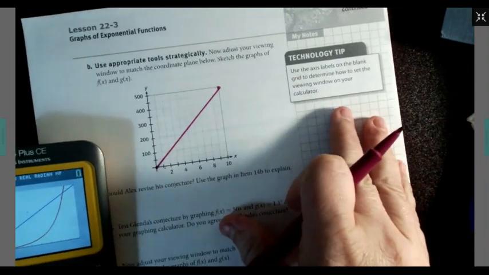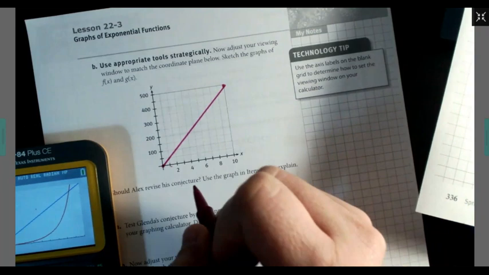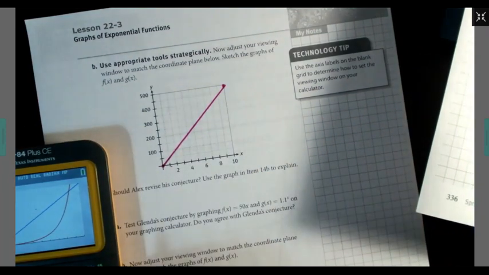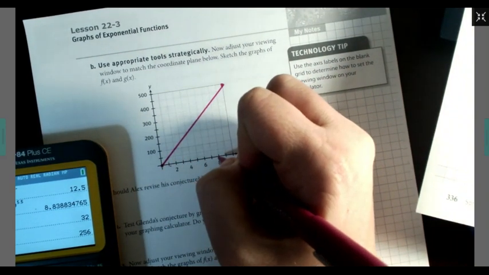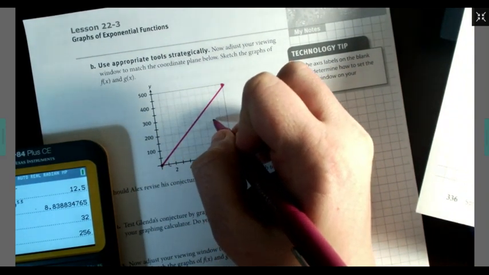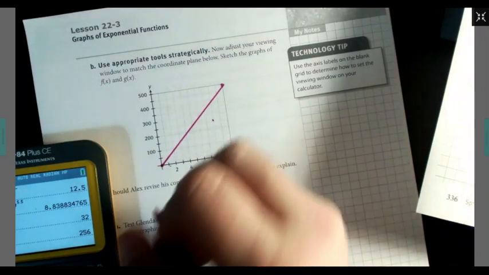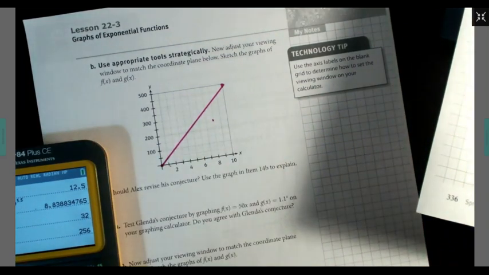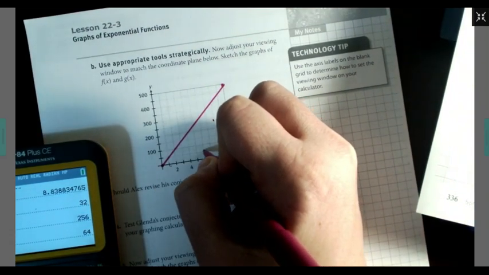Okay, and now we want to graph the other one, which is 2 to the x power. It's about 250. 2 to the over 50.